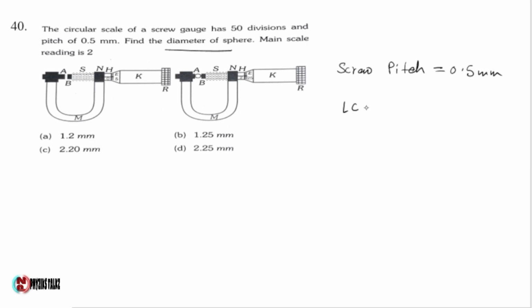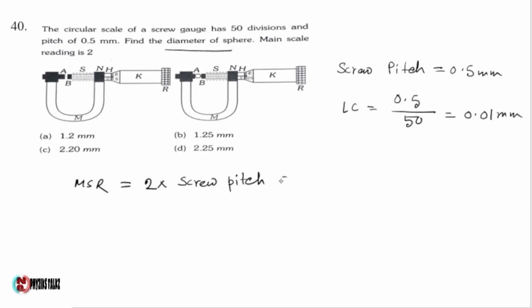So least count is screw pitch by number of circular scale divisions, which gives 0.01 millimeter. Now the main scale reading MSR is 2. This can be written as 2 into screw pitch, which is 2 into 0.5 equals 1 millimeter.